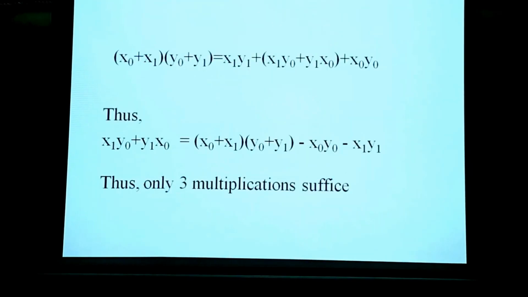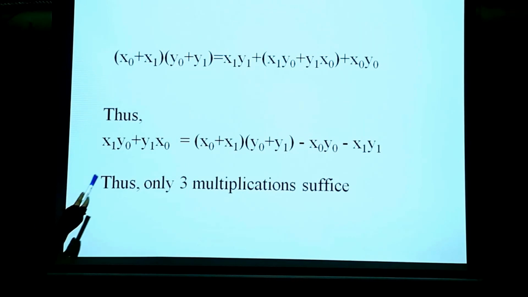Now we'll do a clever thing. We'll add x0 and x1 and we'll add y0 and y1 and compute this expression, which is the right hand side. We are anyway spending time on computing x1, y1. We are anyway spending time on computing x0, y0.